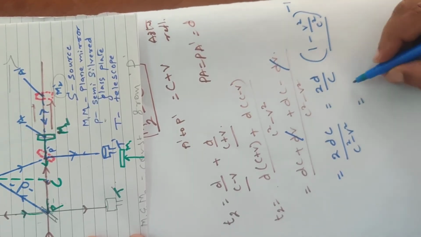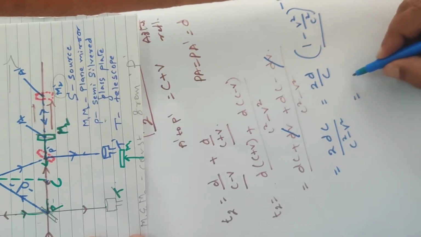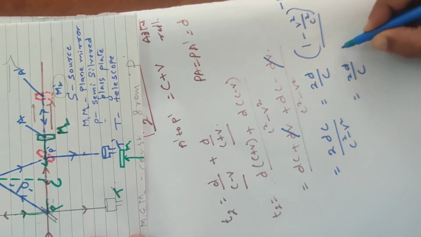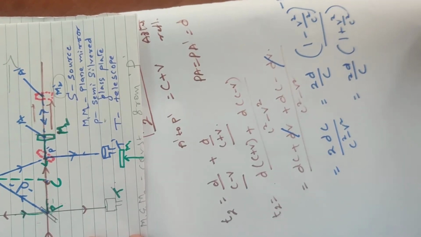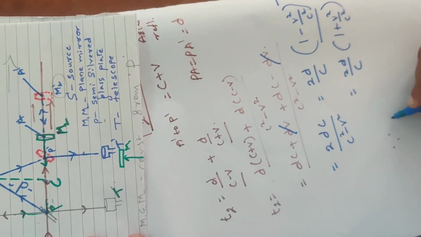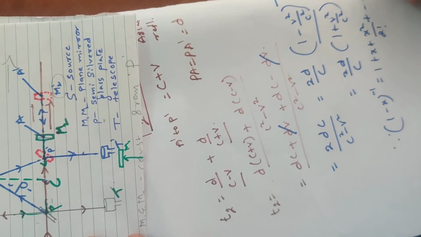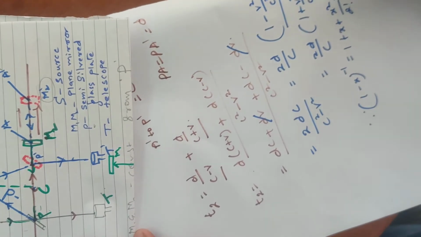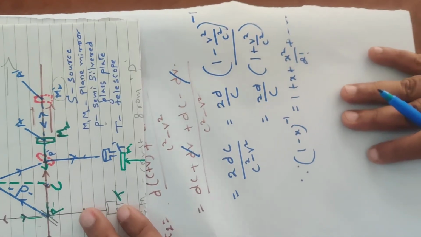When we expand this form, we get 2d upon c into 1 plus v square upon c square, because of the expansion of 1 minus x raised to minus 1 is equal to 1 plus x plus higher terms. So this is how we have done.